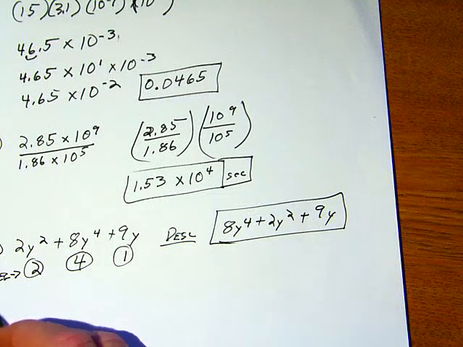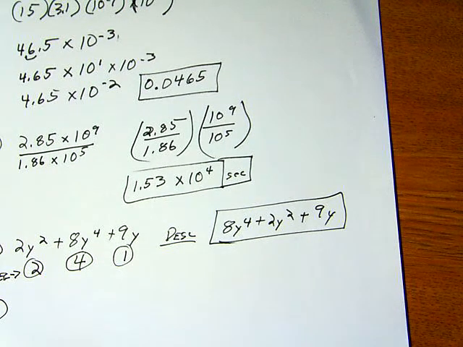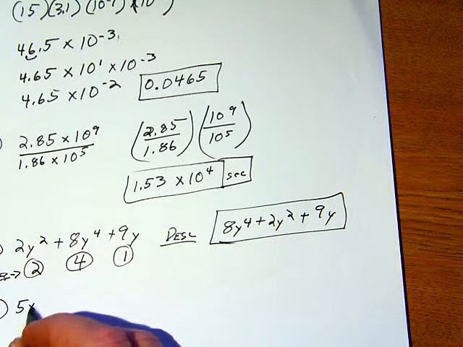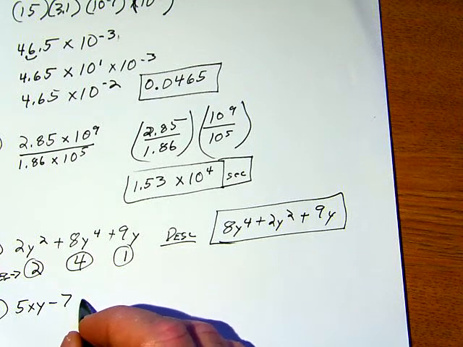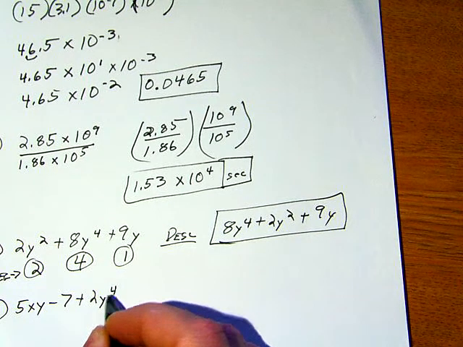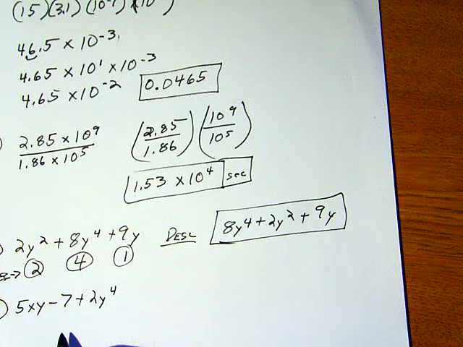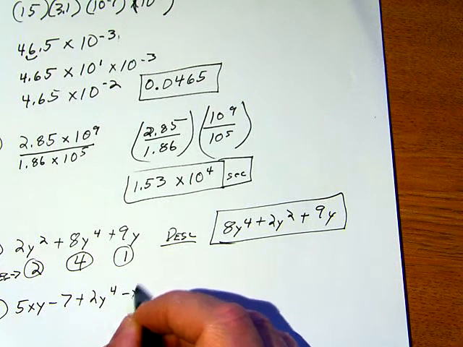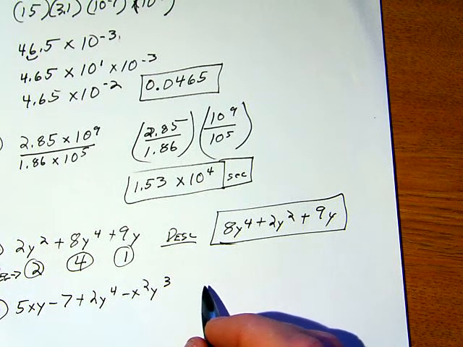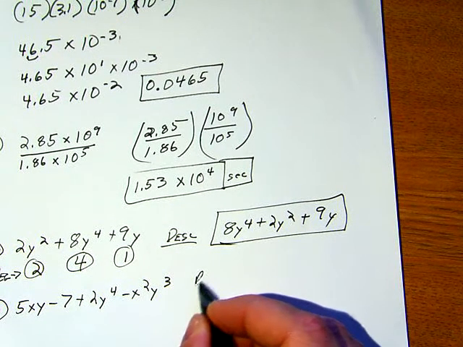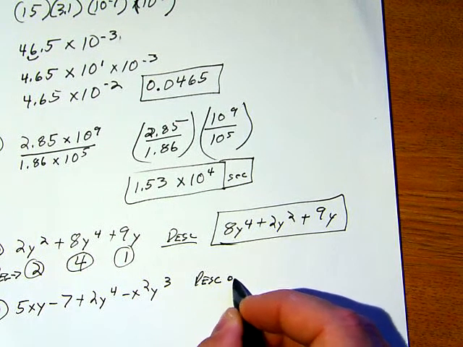21. 5xy minus 7 plus 2y to the 4th minus x squared y cubed. Alright, and we're doing what? Descending order of y.